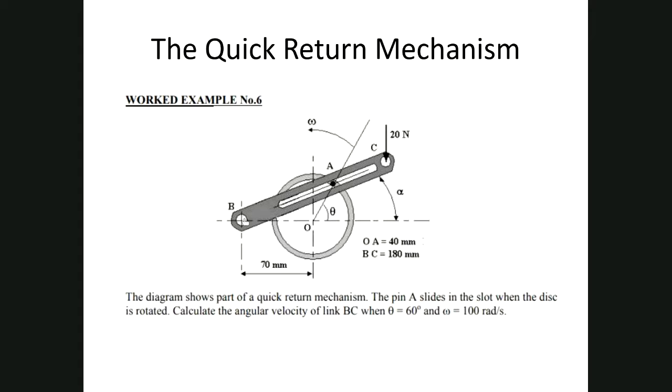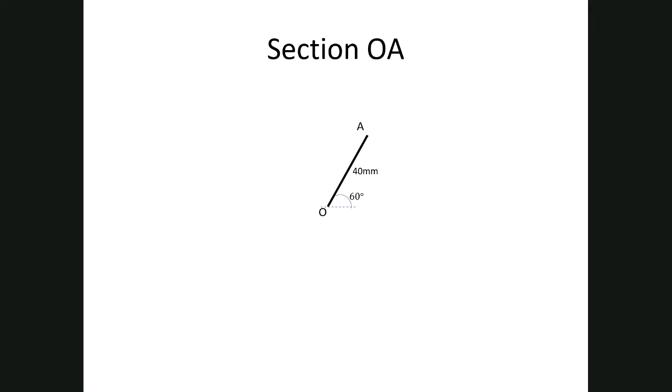Once again we start and we're going to draw some triangles. Starting off, and I've done this to scale, we have section OA, which is 40 millimeters long at an angle of 60 degrees to the horizontal. Point A is where the pin of our quick return mechanism sits within the slot of bar BC.